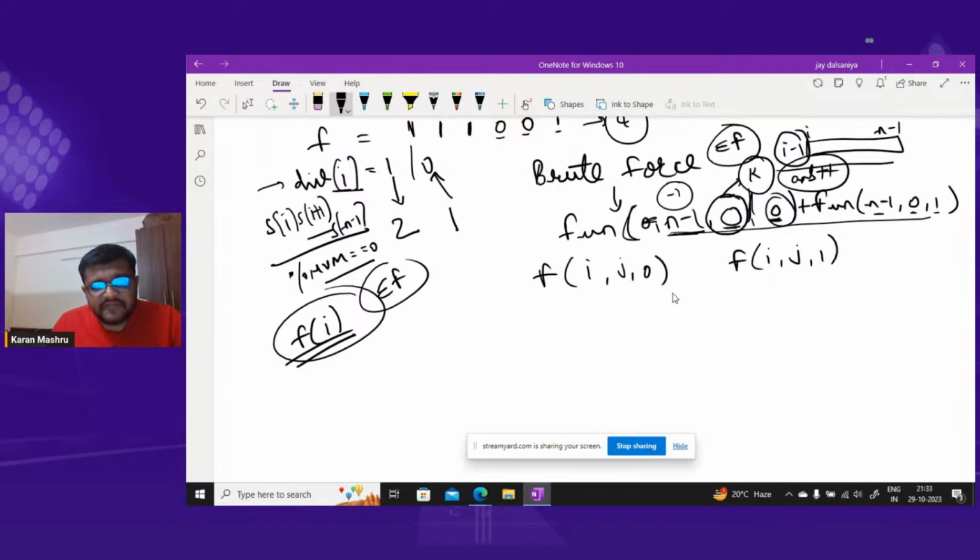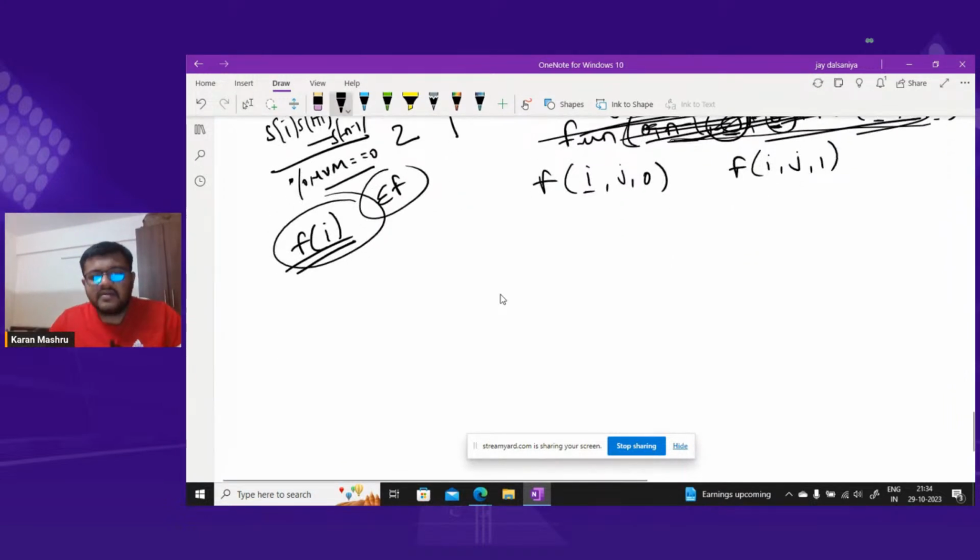Consider the suffix starting from index I. Consider all the suffixes starting from index I. Every time I get a subarray with value 1, I can decrease k, okay? So let's not look at this right now, just look at this function, f of i, j, 0 and f of i, j, 1.